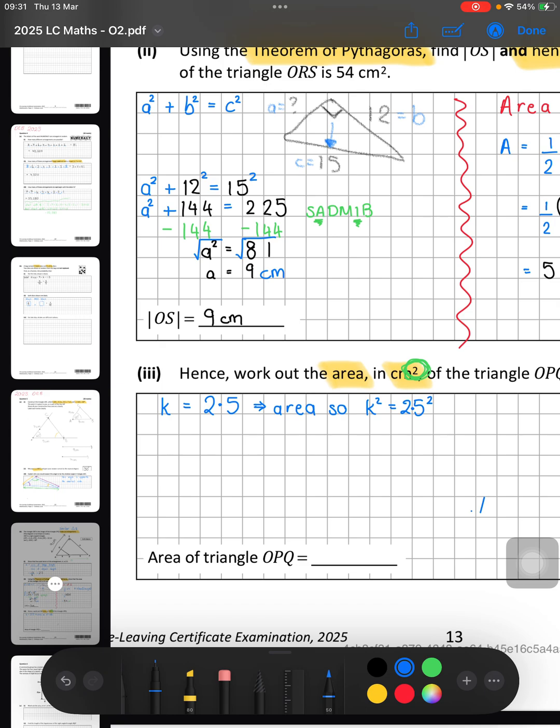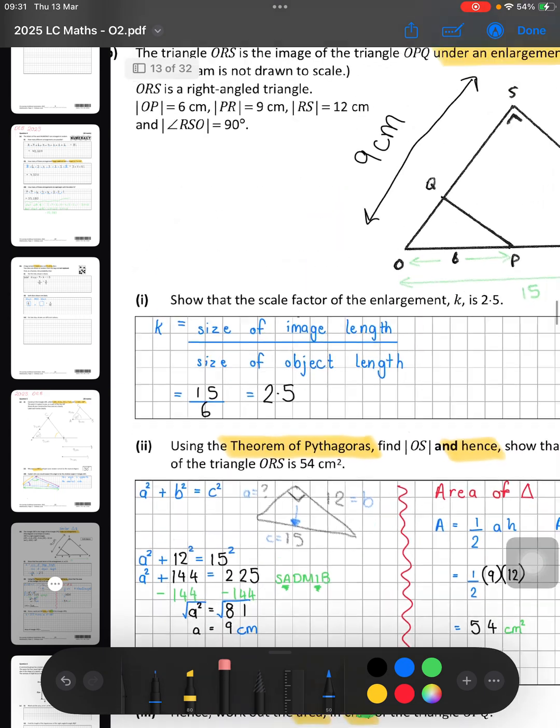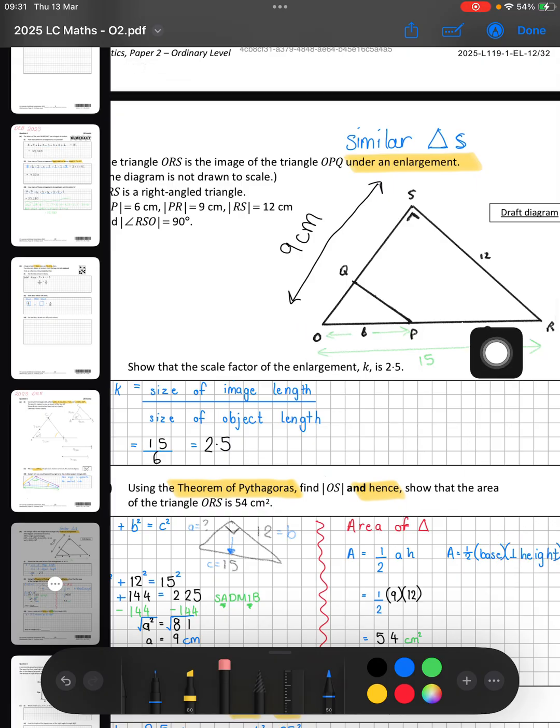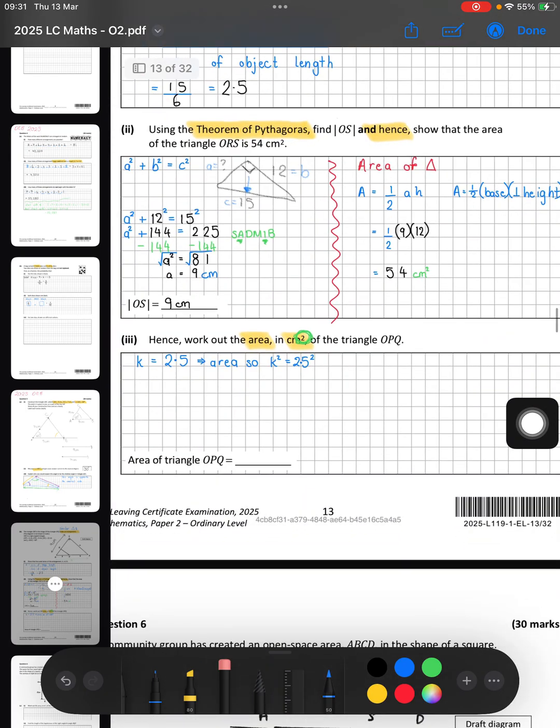Now, just look at the lengths. If I was going from the bigger length here, 15, to the smaller length, 6, I would be dividing by 2.5. 15 divided by 2.5 gives me 6. So going from the larger triangle to the smaller triangle, I'm going to be dividing by the scale factor.